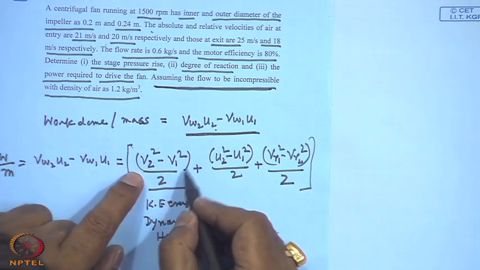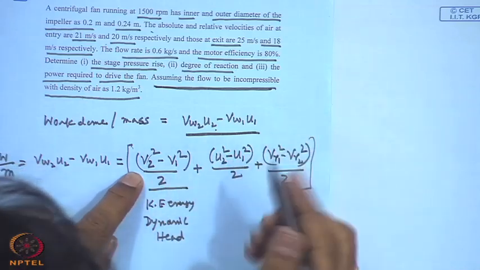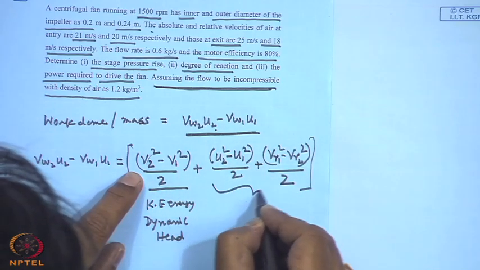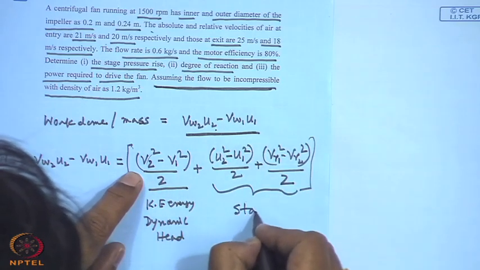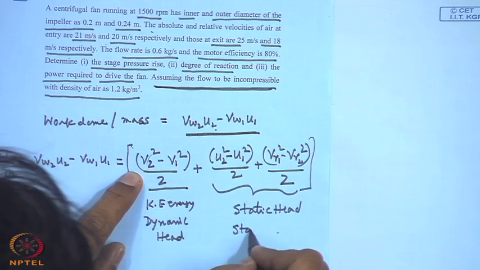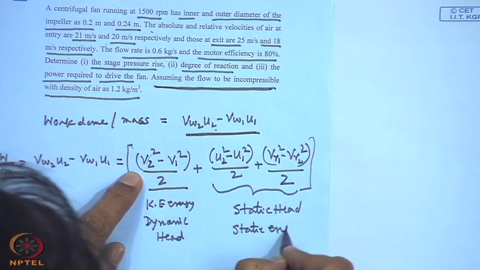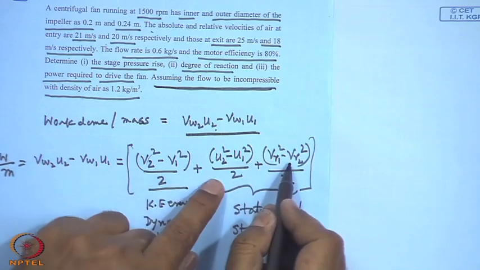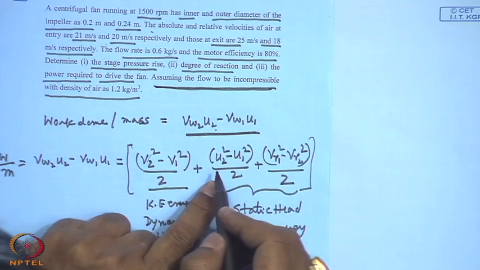Energy per unit mass or unit weight we call head. And this other term is the gain in static head, manifested as an increase in the pressure of the fluid.